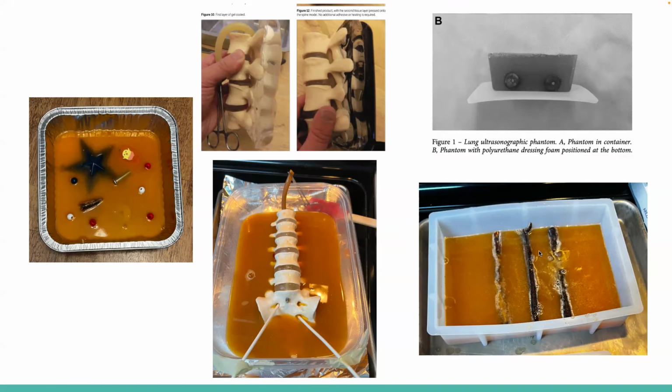And then on the far right, what I have is a really good lung model, actually, for lung pathology, not just for normal lung. The people in this figure used dowels, but I went out into my local woods and found sticks that were relatively straight and seemed about the diameter of a child's rib, and put that within that gelatin Metamucil mixture.